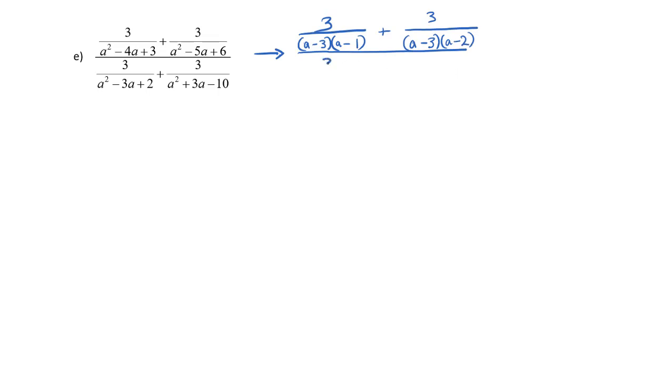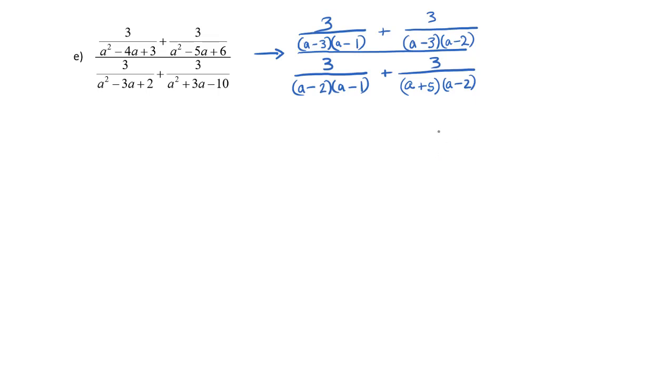And then in the denominator's denominator, we have 3 over a minus 2, a minus 1, plus 3 over a plus 5, a minus 2.